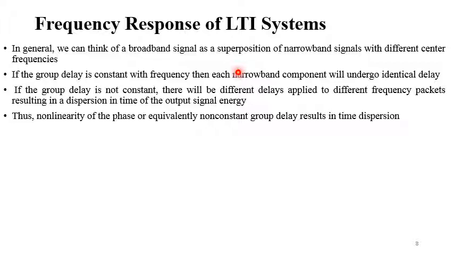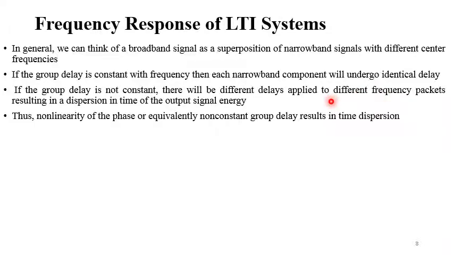If the group delay, as defined in the previous slides, is constant, it means that each frequency component in the narrowband will undergo an identical delay. But if the group delay is not constant, then different delays will be applied to different frequency packets.